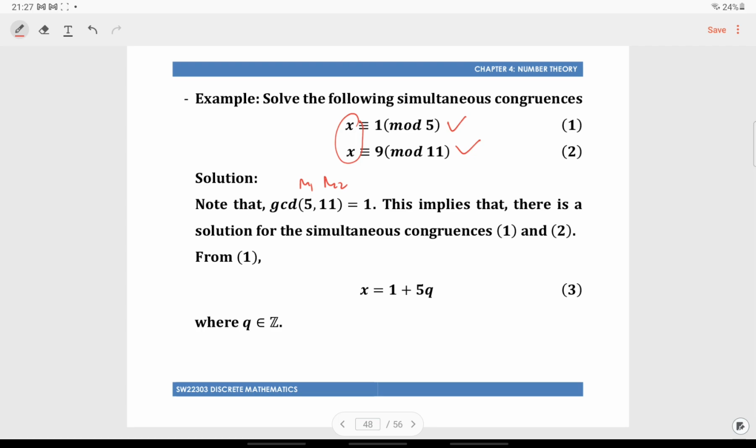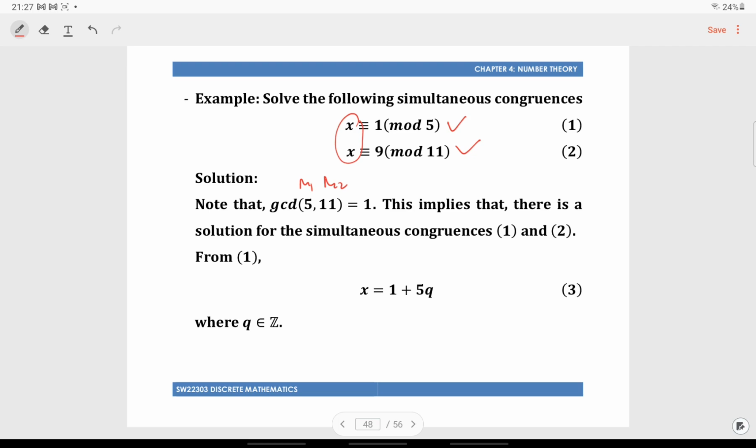That means before you compute the solutions, the first step is to check the GCD of the moduli. If the GCD equals 1 for all pairwise moduli, this time we only have 2, right, then that means the solutions exist. When the solution exists, then we can proceed with the calculation.